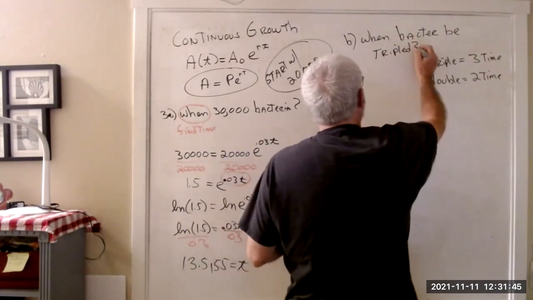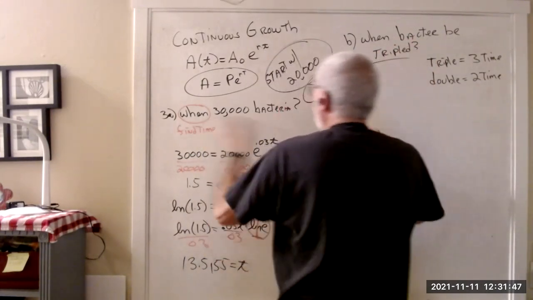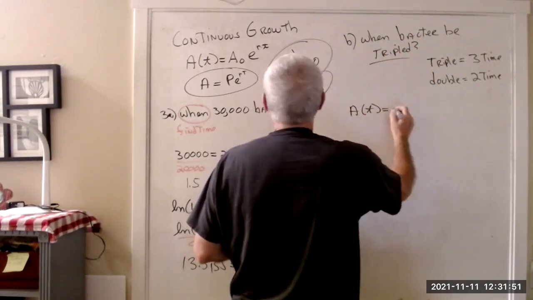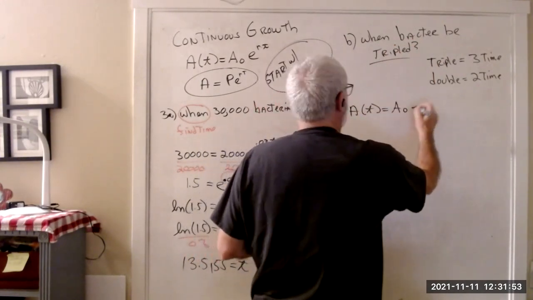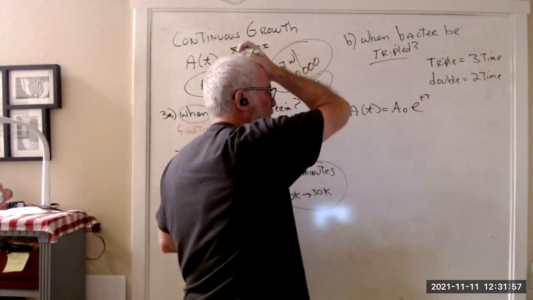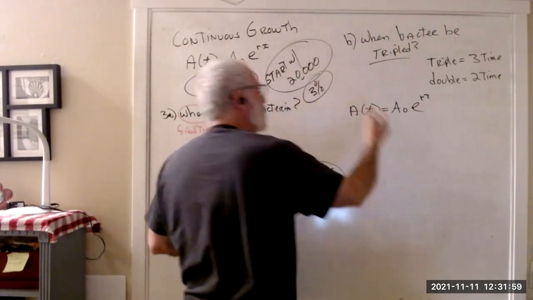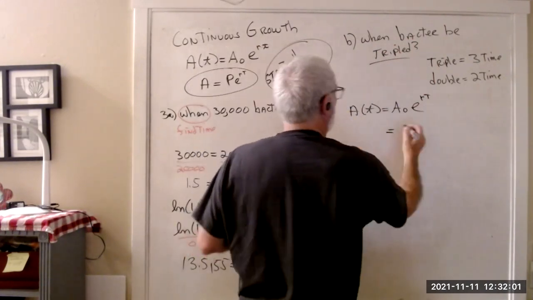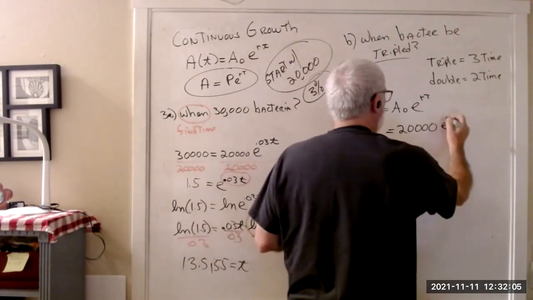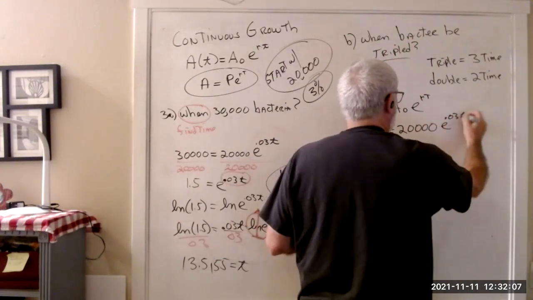So this is a little bit tricky. We have this formula, A of t equals A naught e to the rt. We have this fancy formula. We know we're going to start at 20,000 e to the 0.03 t.